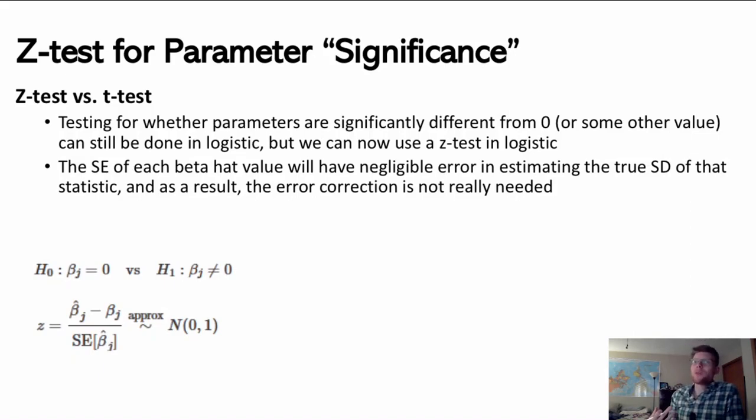We're testing whether the parameter is different from 0, though we could also do it for some other value as well, but 0 is the common choice, because that would just mean the particular predictor variable is adding predictive power if the parameter is not equal to 0. It can still be done in logistic regression, but keep in mind that now we're doing a z-test rather than a t-test.